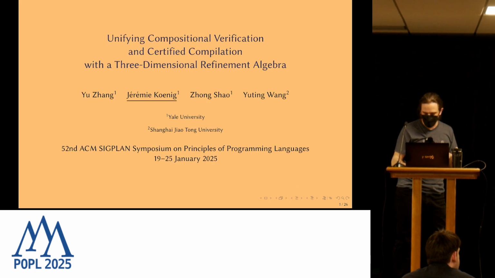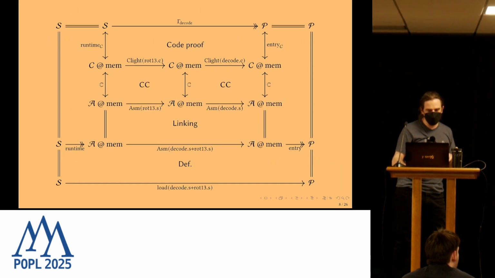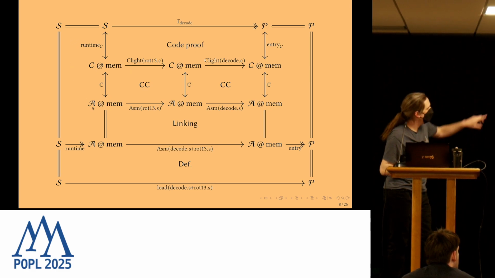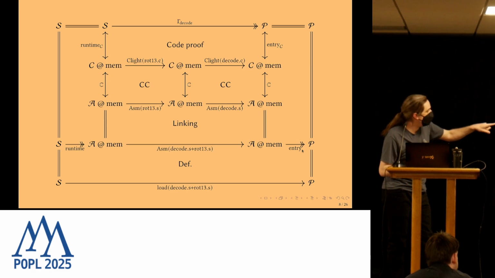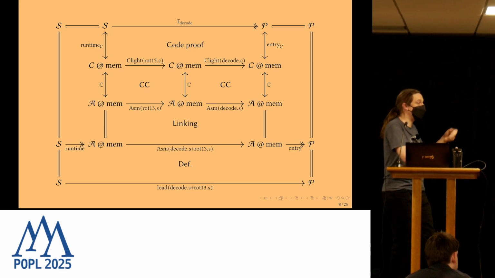So let me go back to this diagram here. Here, there are some versions of conjoints and companions that are involved in these corner squares here, right? So, for example, when we model how you take an assembly program and turn it into a command, this entry morphism here is going to tell you how the run operation is going to trigger a call to main, right?